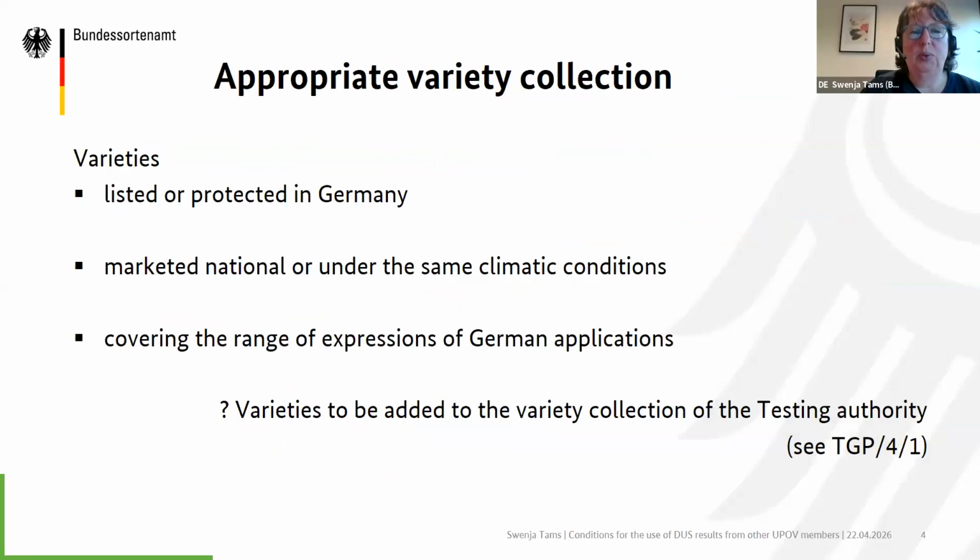Now I come to what we consider as an appropriate variety collection. We have a focus on whether listed or protected varieties in Germany are in the variety collection of the testing authority, or will be taken up in that variety collection. We look for varieties which are marketed nationally or under the same climatic conditions. I already mentioned that.